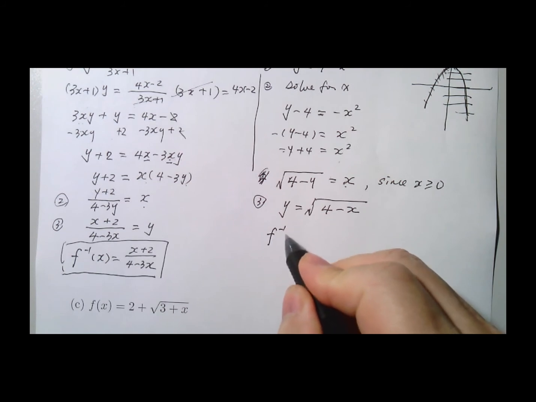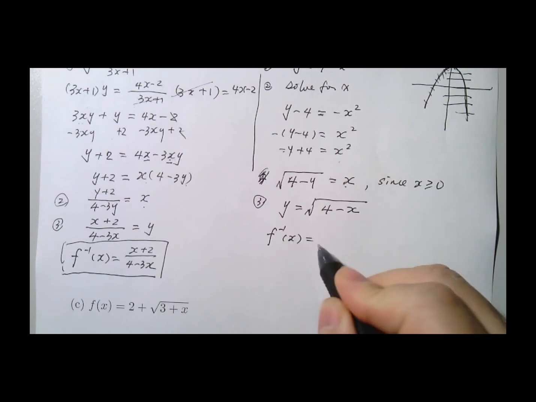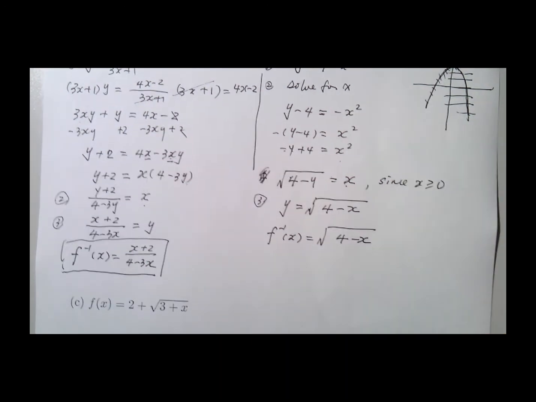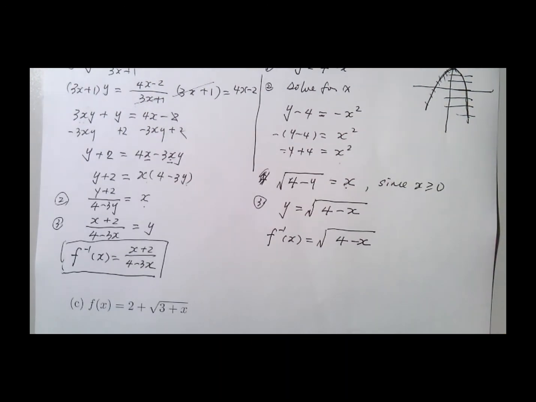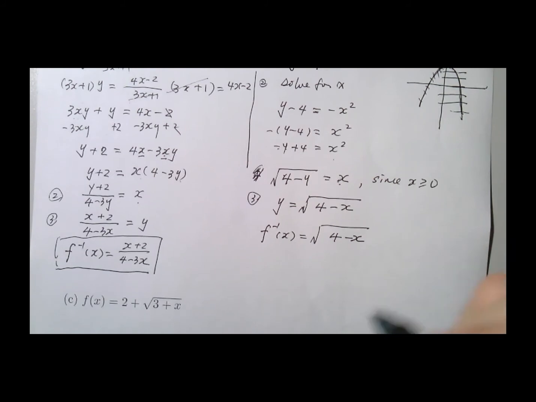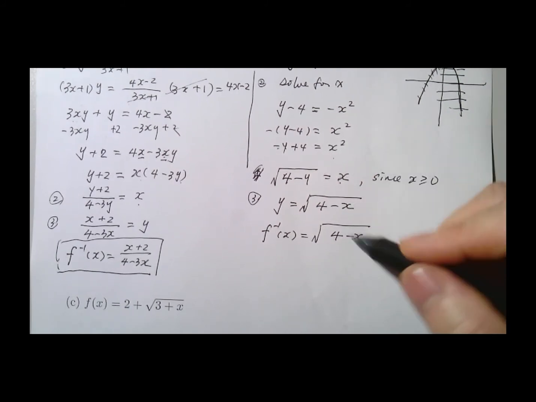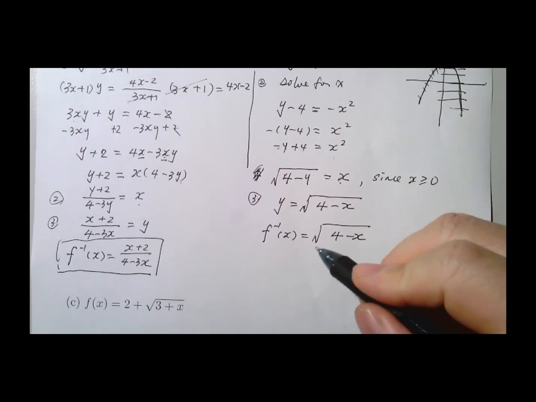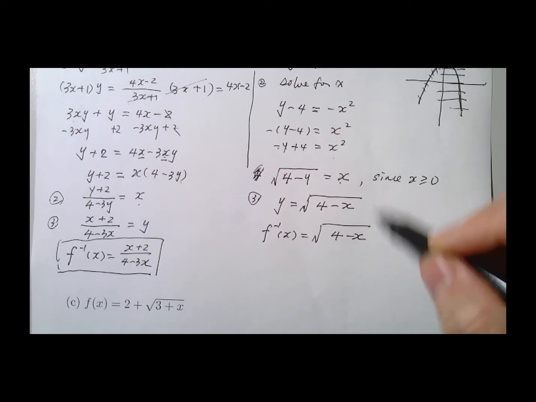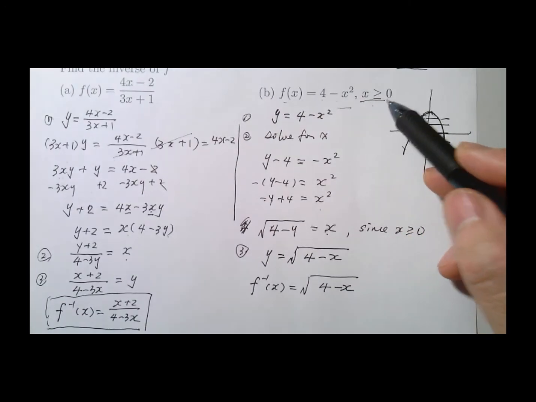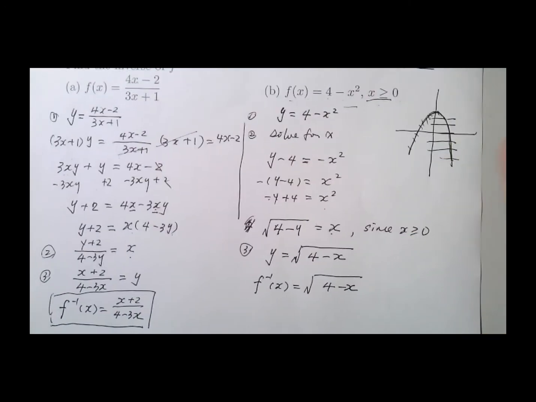F inverse of x equal to the square root of 4 minus x. So that's it. We have the so-called inverse function. The square root of 4 minus x is the inverse function of 4 minus x squared when x is greater than or equal to 0.